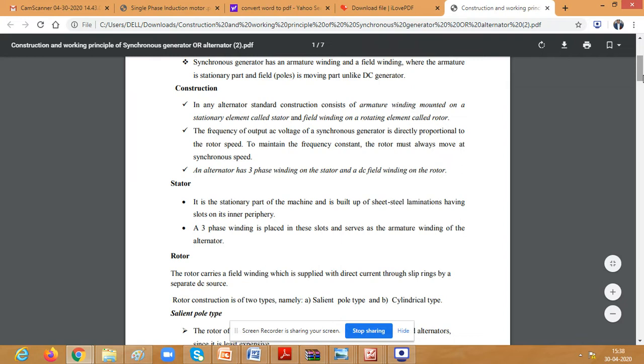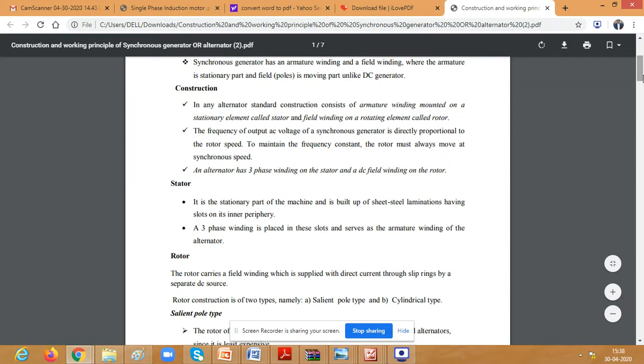In construction, in any alternator's standard construction, consider the armature winding, which is mounted on the stationary element called the stator, and the field winding on the rotor element. As I told you, we take our armature at the stator, because in the generator the three-phase AC production is around 11 kV or 33 kV.